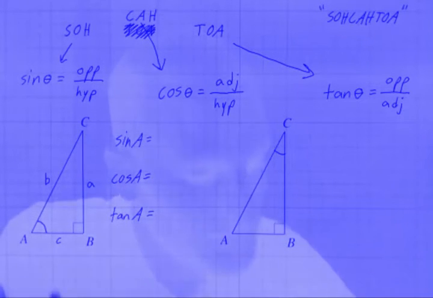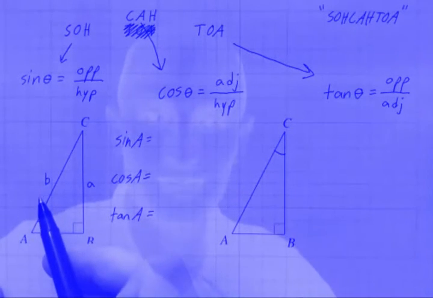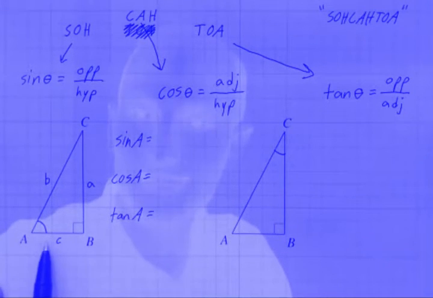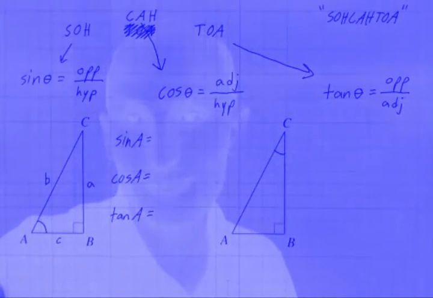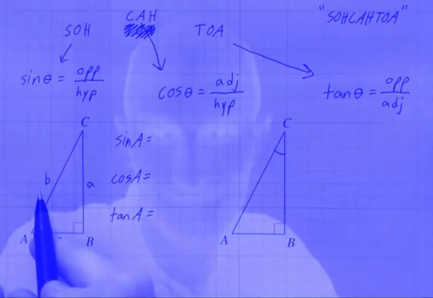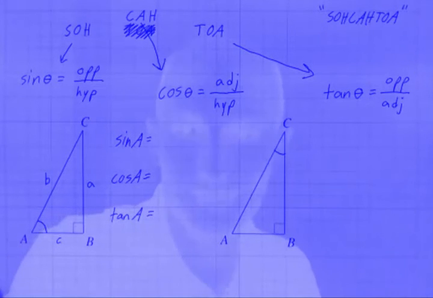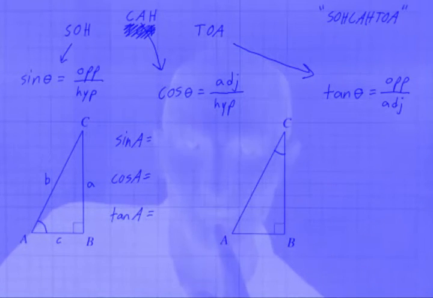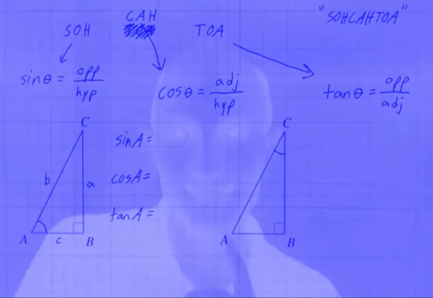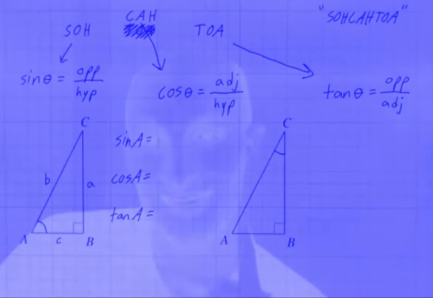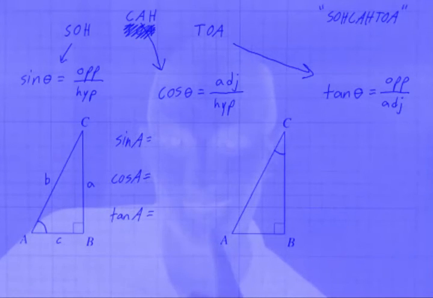Boom, little b, right? Because you can see this side, little c, touches the right angle here, and this side, little a, touches the right angle. So we know the hypotenuse is b. Now let's talk about the meaning of opposite. Opposite is the side that does not touch the reference angle.